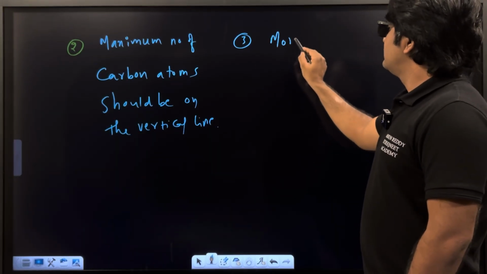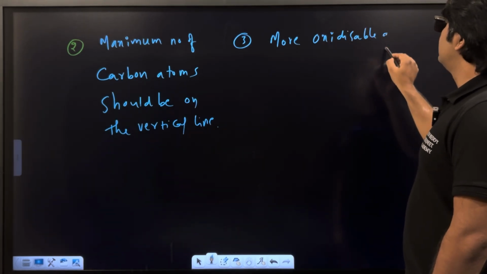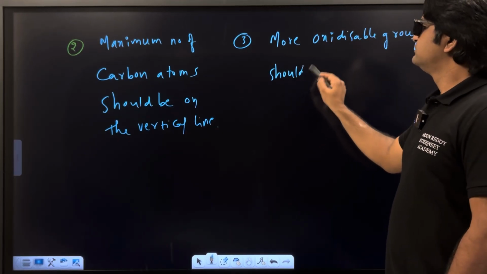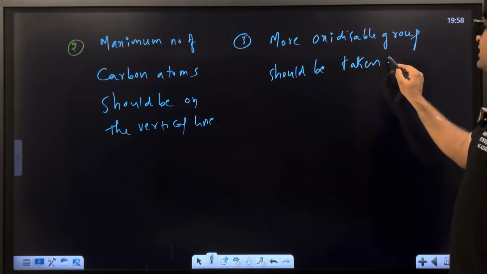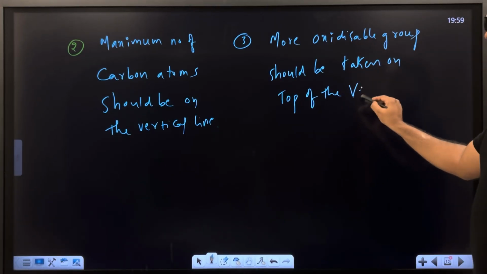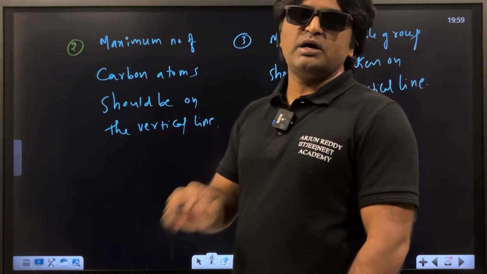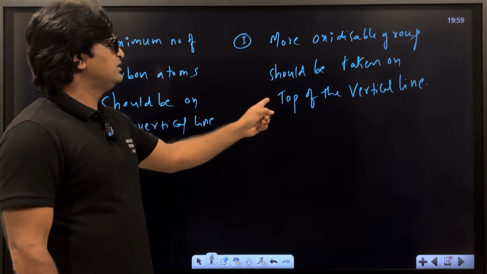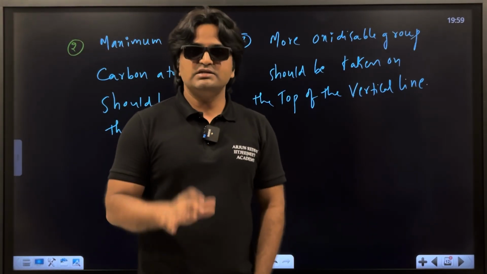The more oxidizable group should be taken on the top of the vertical line. That is the third important point.